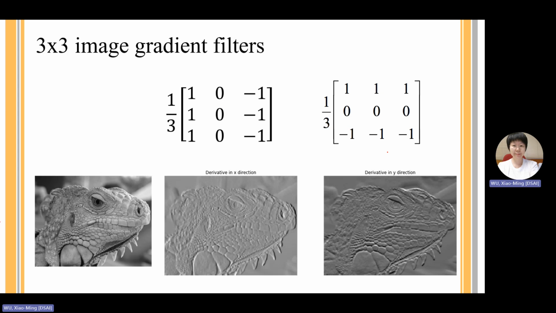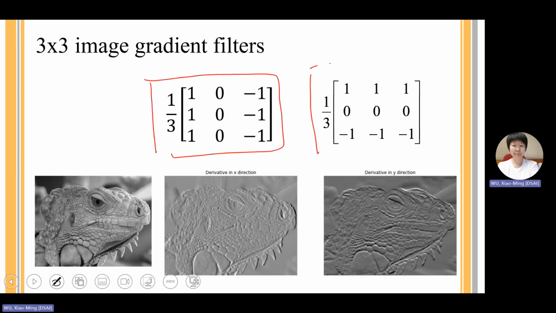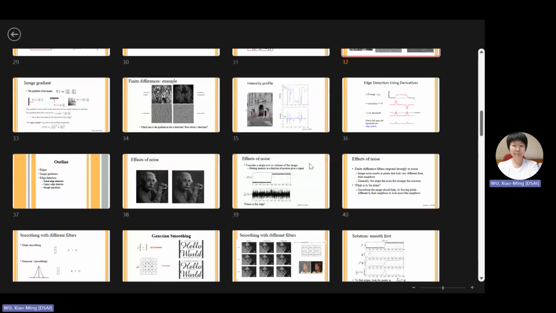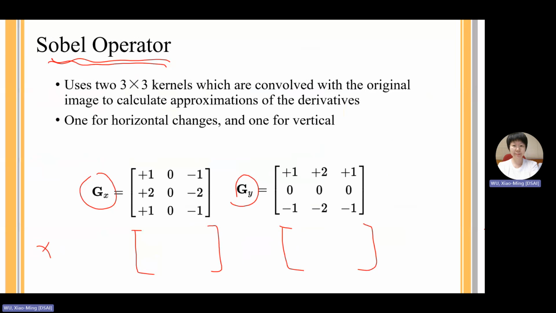This is the x derivative filter. And this is the y derivative filter. How do they differ from GX and GY? So x derivative filter: 1, 0, minus 1, 1, 0, minus 1, 1, 0, minus 1.